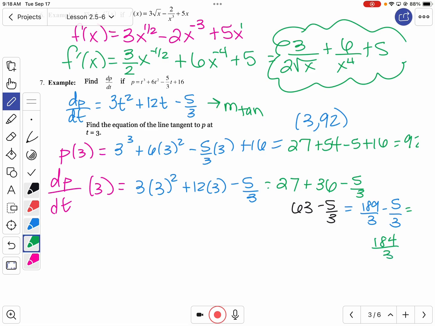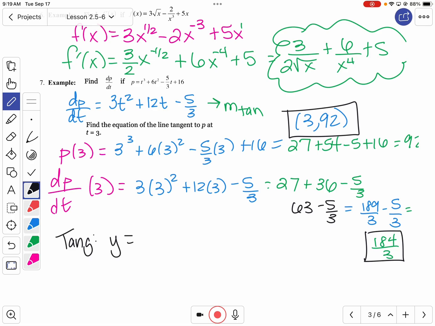Now, that's not a beautiful slope, all right? In fact, it's quite gross, all right? But here's the good deal. Those are the only two things I need to write the equation of my tangent, okay? So when I give your quizzes back here in a second, some of y'all are going to be mad at yourself, all right? You have to start it as y equals, all right? What always comes first? Slope, 184 over 3.